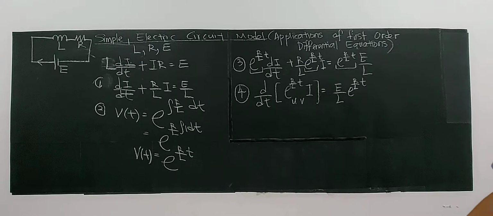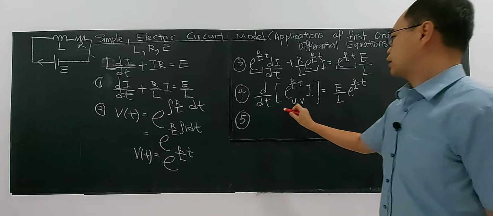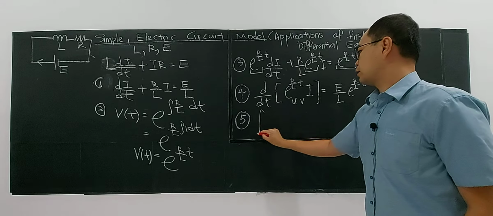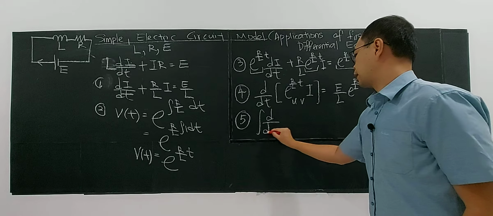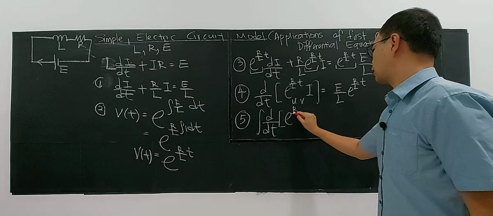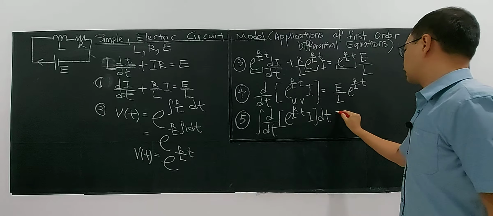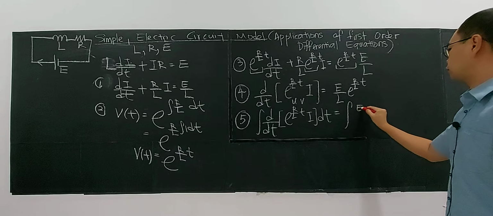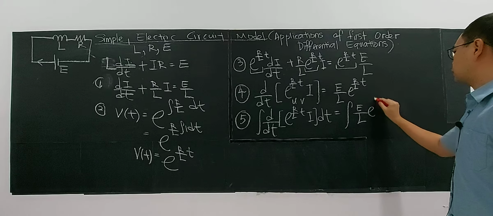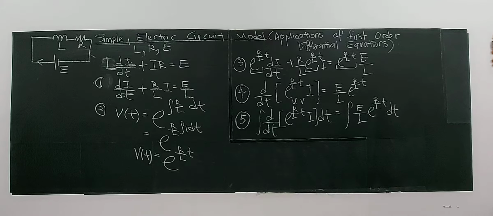I'm going to generate the formula now, which means I integrate both sides with respect to t. So R/L t i dt. And for the same thing here, E/L e^(R/L t) dt.